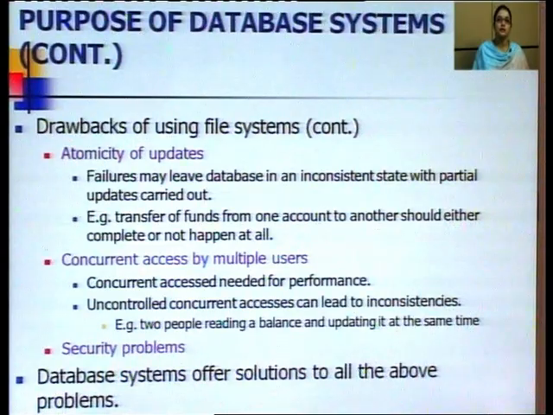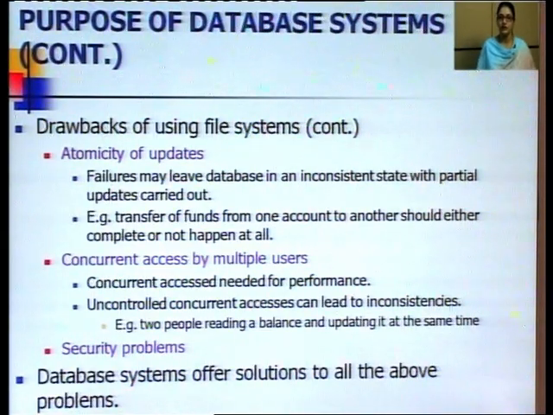The purpose of database management system includes overcoming the drawbacks of using the file system. File systems have the problem of atomicity of updates, which means failures may leave the database in an inconsistent state with partial updates carried out.